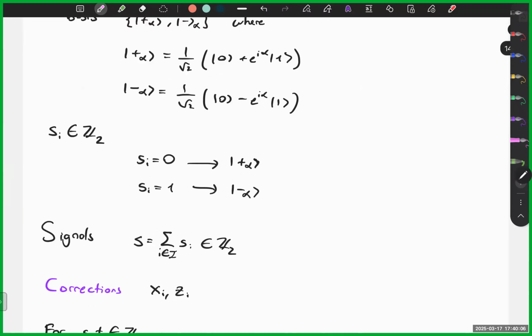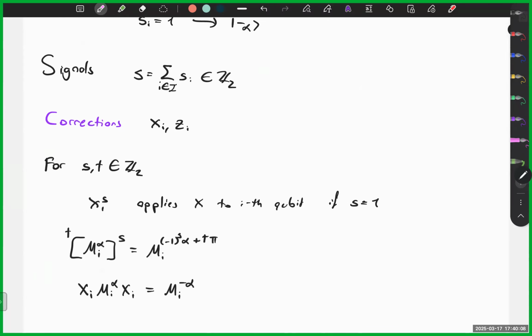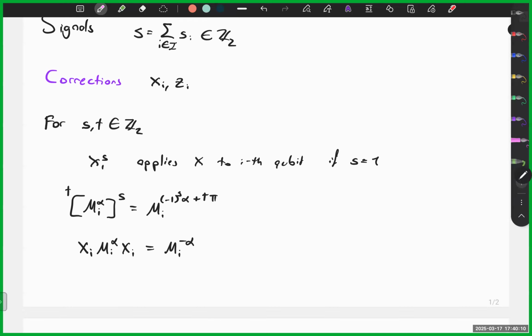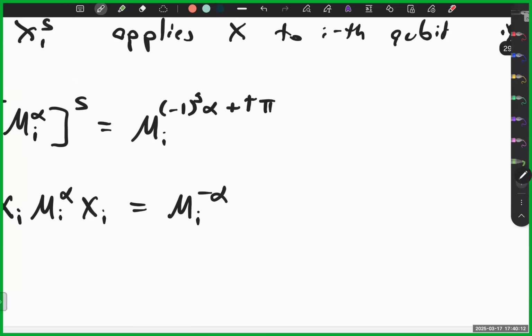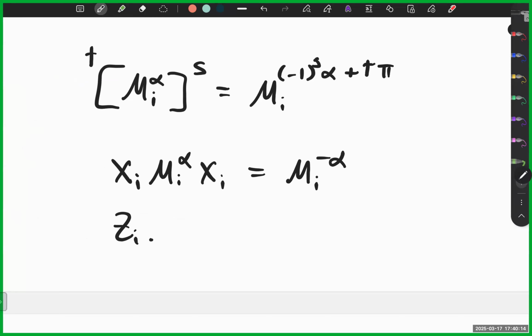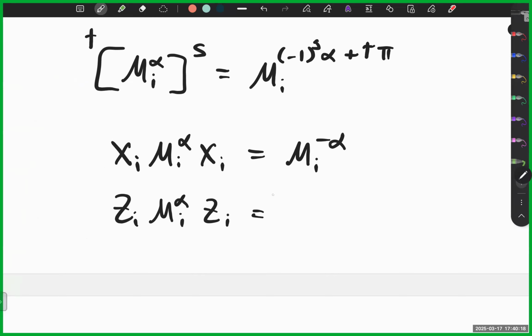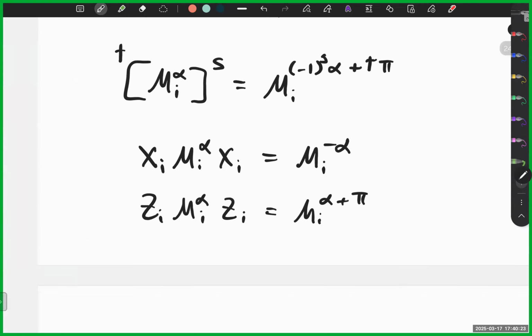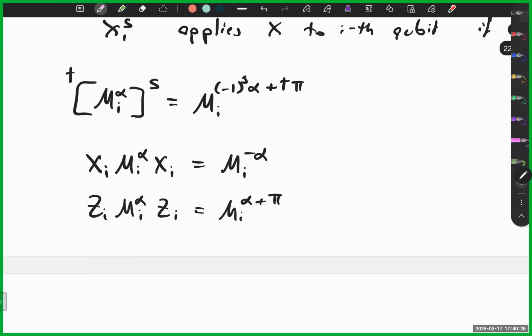If we change 0 and 1, we will get the minus alpha version. And similarly, if we conjugate with Z, we will get M_i^(alpha plus pi). So this is the minus part, and this is the plus pi part.